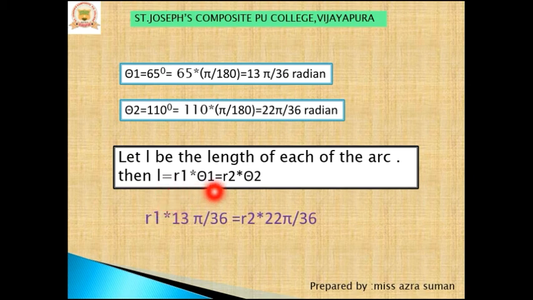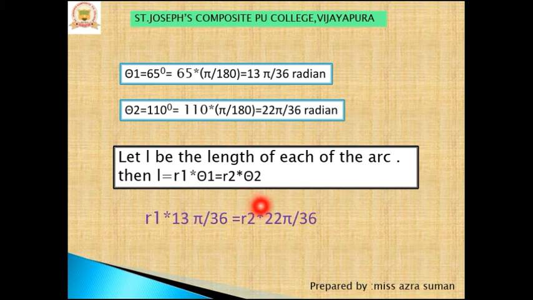Substitute theta 1 as 13 pi by 36 and theta 2 as 22 pi by 36. R1 into 13 pi by 36 equals R2 into 22 pi by 36. Pi cancels, and denominator 36 cancels on both sides.